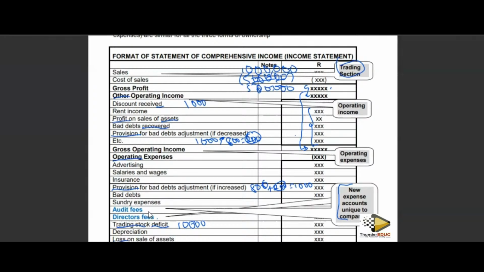If we expected our books to have stock to the value of 10,000, and then we find that it is only 8,000 stock in the business, which means there is a difference of 2,000. So where is this 2,000? Do you see that we are losing this stock? We have lost it and we bought it with our money. So this deficit here is an expense to us, okay?